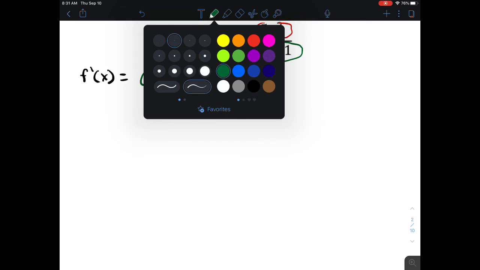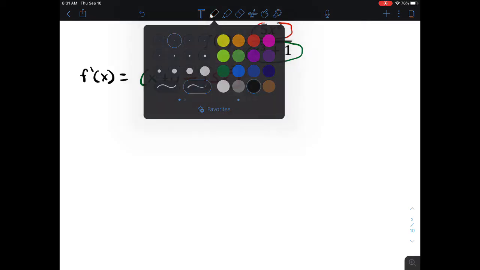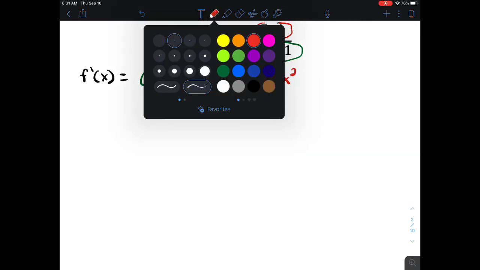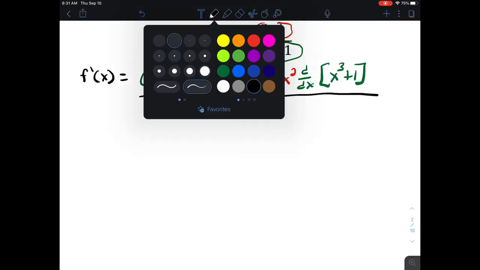So bottom times the derivative of the top, so the derivative with respect to x of 5x to the second power, minus the top, 5x squared, times the derivative of the bottom, so the derivative with respect to x of x to the third plus 1, all over the bottom squared.